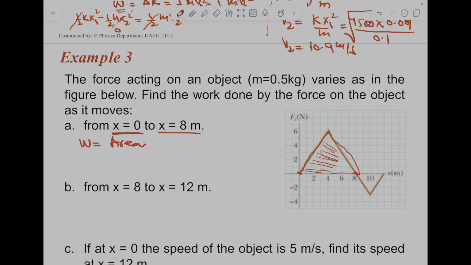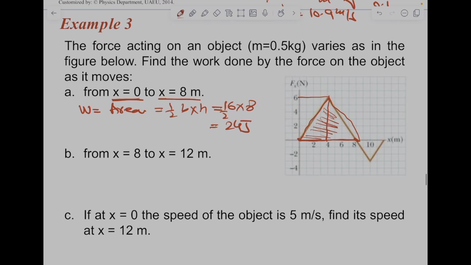The area of a triangle is 1/2 base times the height, and your base is 8 and your height is 6. So 1/2 times 6 multiplied by 8, you will get 24 joules.